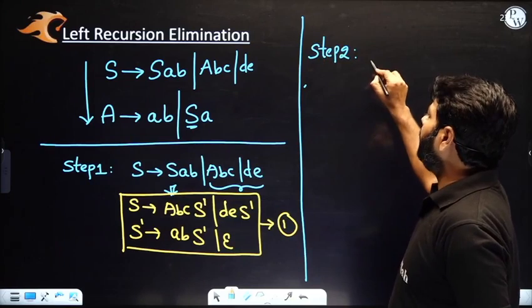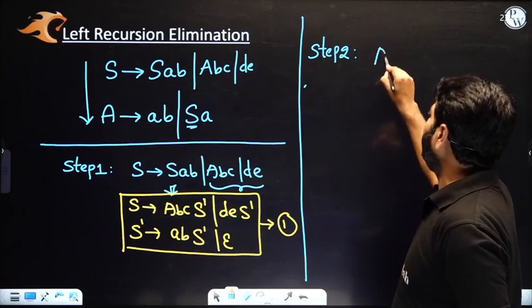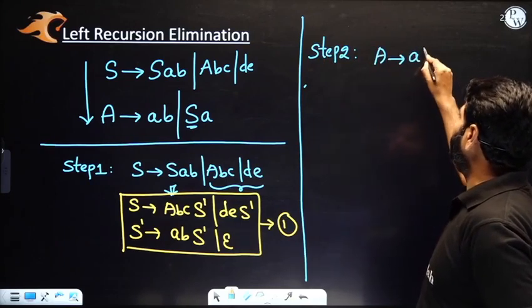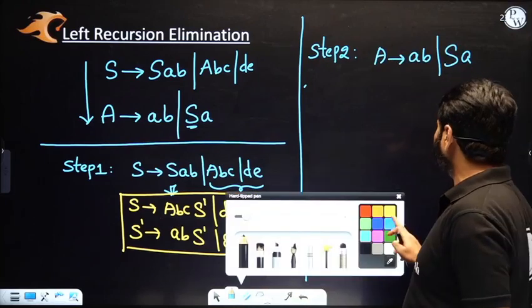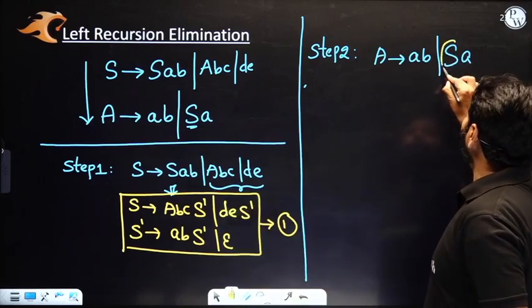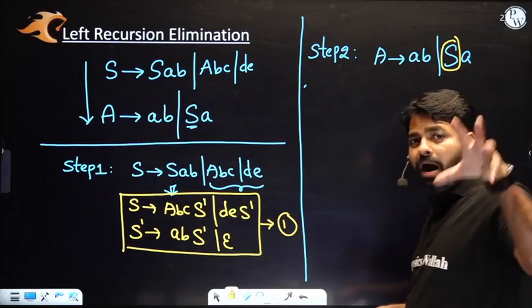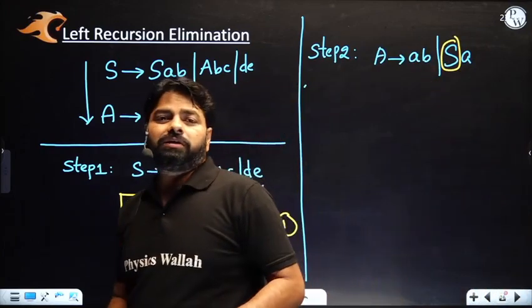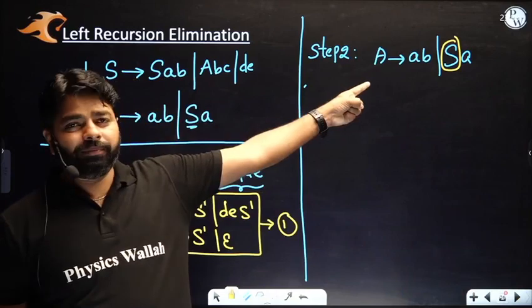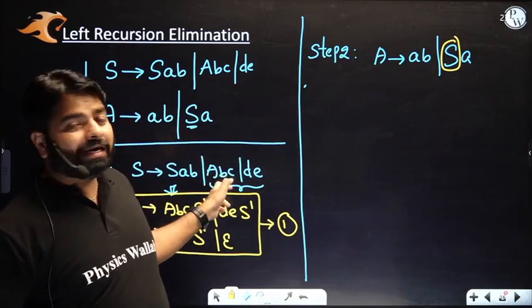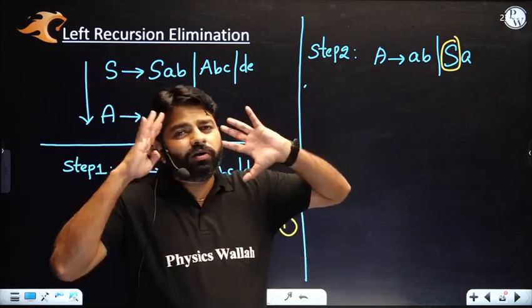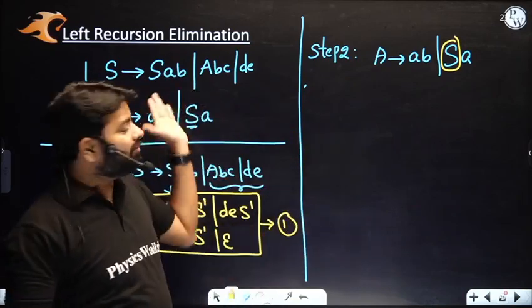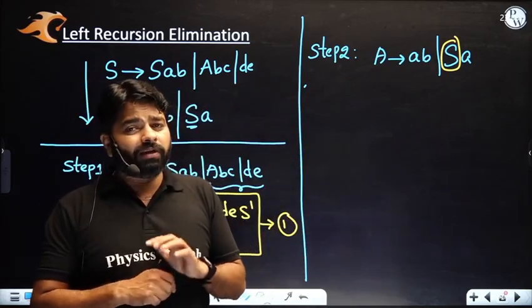What is it? A productions, nothing but here A derives AB or SA. Now there is a requirement of substitution. Why do we need to substitute here? Because S might produce capital A indirectly. Even though A was producing capital S indirectly, we didn't do the substitution, as it is step 1. We don't care, because previously there was no elimination of left recursion.